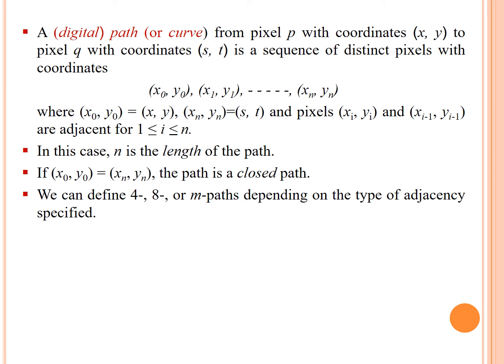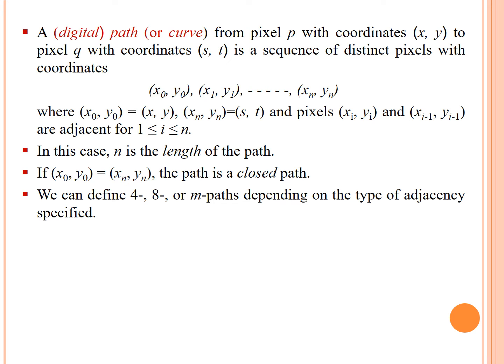A digital path or curve from pixel P with coordinates (x, y) to pixel Q with coordinates (s, t) is a sequence of distinct pixels with coordinates (x0, y0), (x1, y1), up to (xn, yn), where (x0, y0) is equal to (x, y) and (xn, yn) is equal to (s, t), and pixels (xi, yi) and (xi-1, yi-1) are adjacent for 1 ≤ i ≤ n.